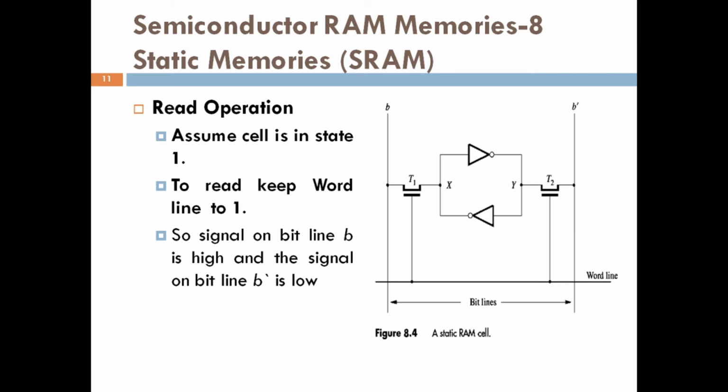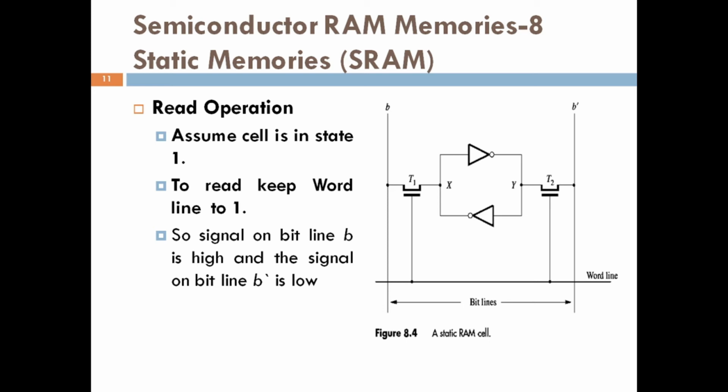Now let us see how the read and the write operations are performed in the static memories. First, take the read operation. In order to read the state of the static RAM cell, the word line is activated to close the switches T1 and T2.